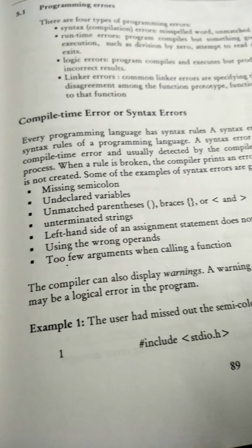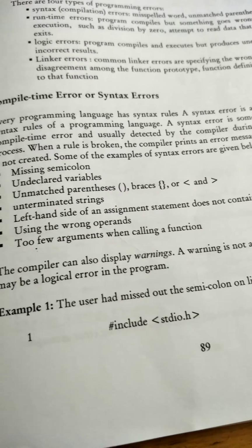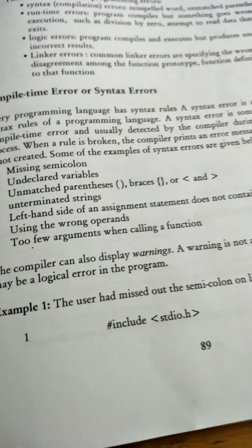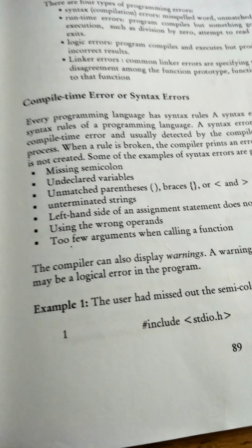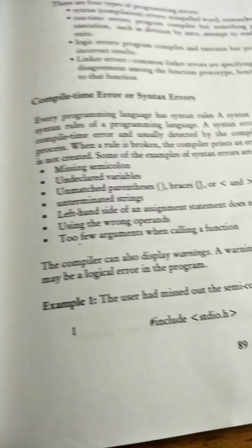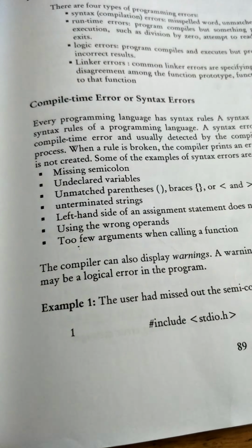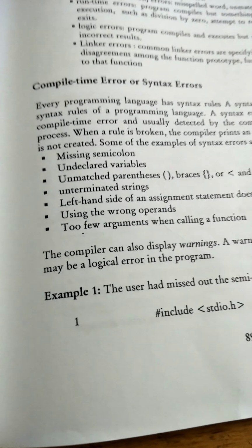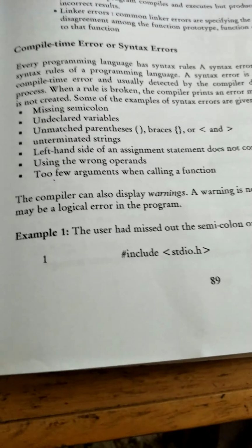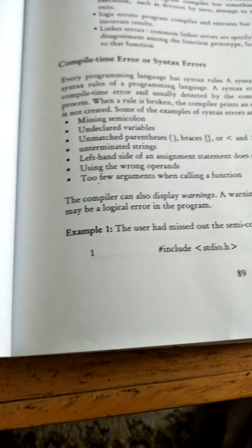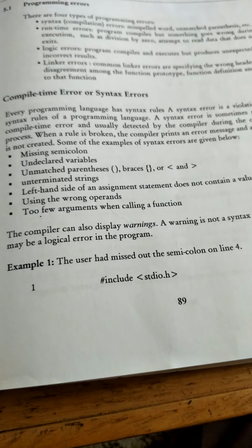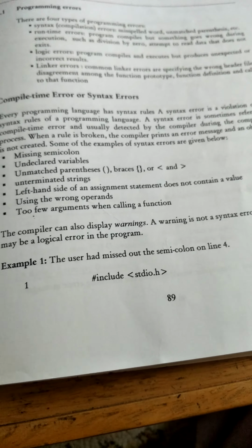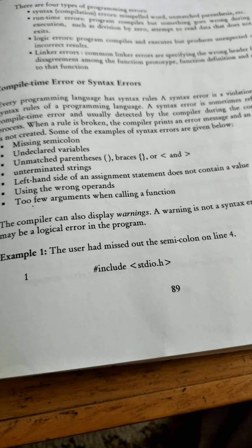But in other cases, when we cannot find what the error is, then we might look into the warning, which may trigger us to look where the error is. So these are some examples of compile time errors or syntax errors.